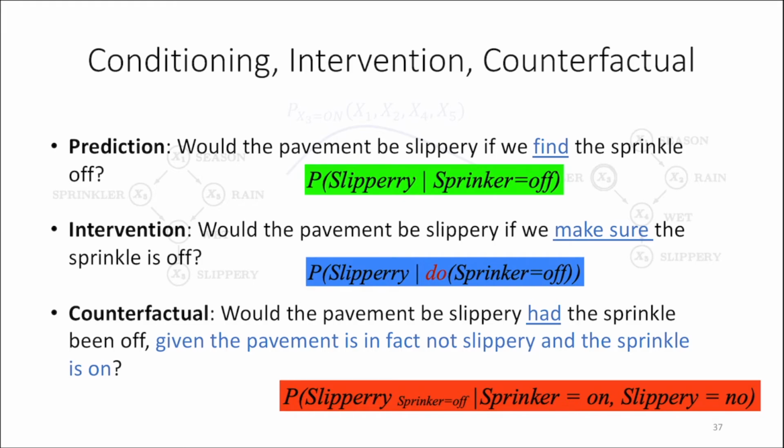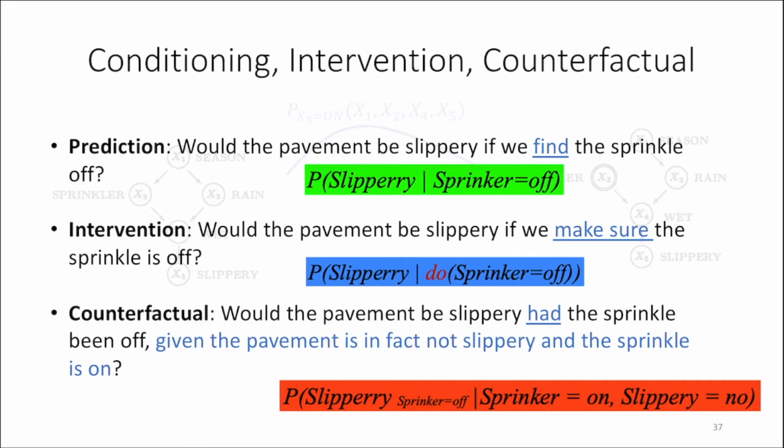Another interesting question that you can ask if you have a causal graph is the so-called counterfactual. Let's say that you wake up in the morning and you observe that the pavement is slippery and the sprinkler is on. If I want to know the effect of the sprinkler on that, I have to ask: would this pavement be slippery if the sprinkler was off?